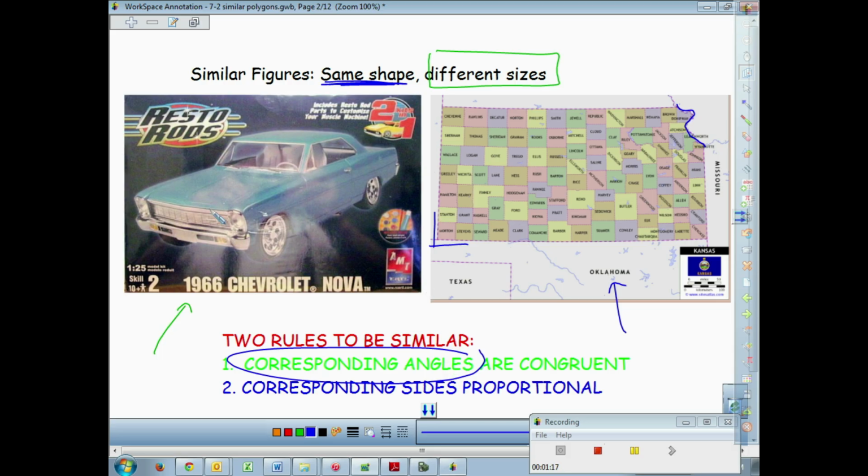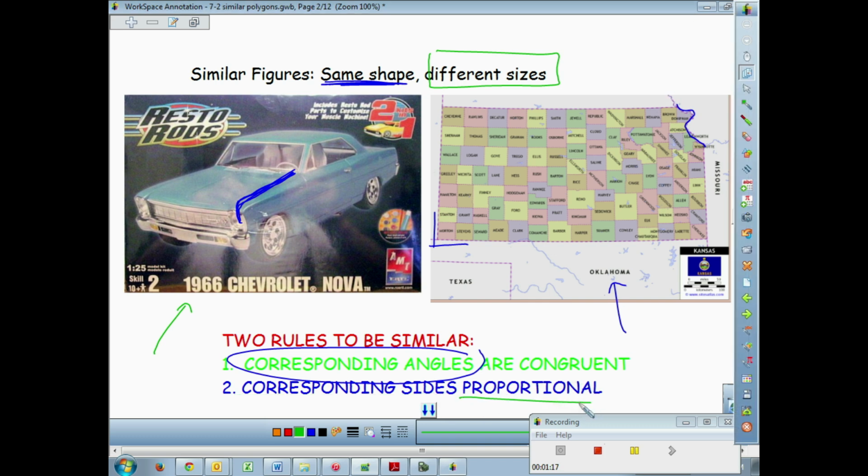If this is a 1966 Nova, shouldn't whatever curve this fender makes be exactly the same as the curvature on that fender in real life? You get what I'm saying about the angles that correspond to each other. This fender better correspond to the real fender in real life, the angles on that. Make sense? But the corresponding sides cannot be the same as each other.